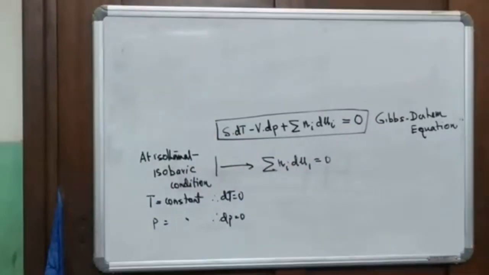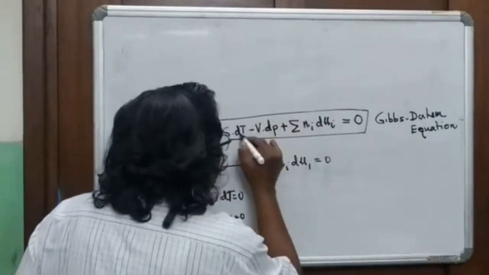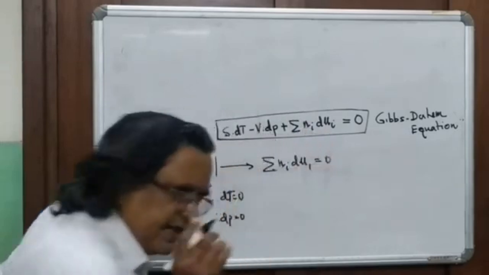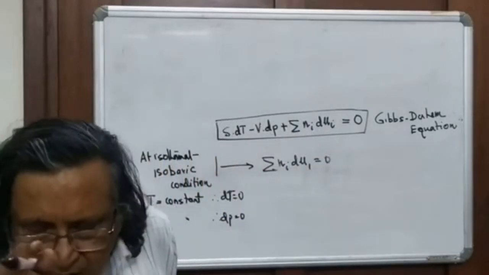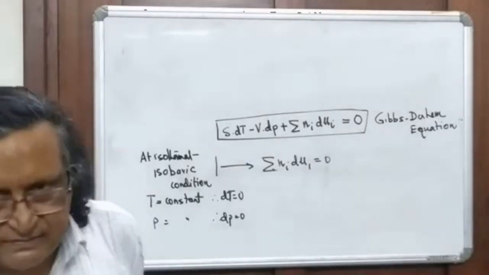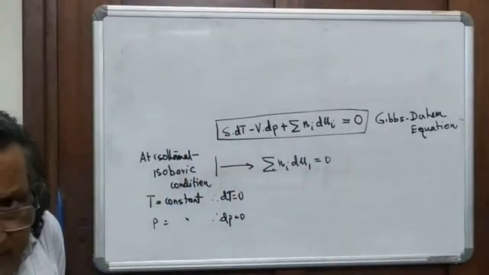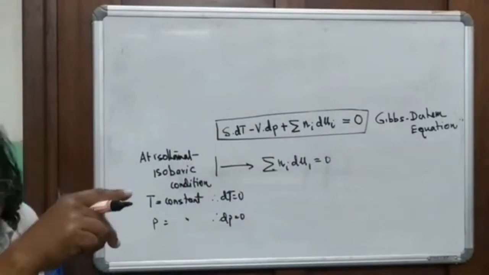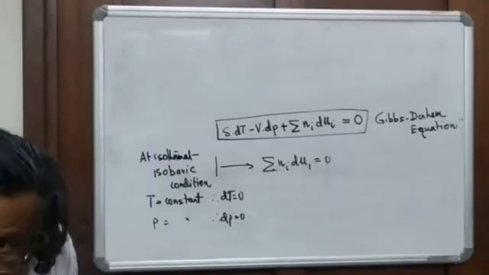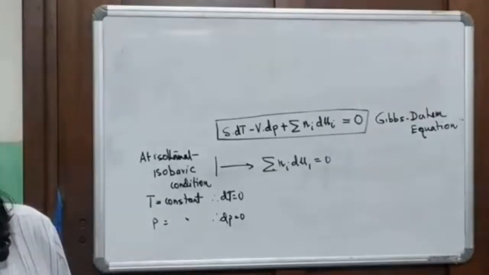What are the variables? dP, dT, Ni. What is Ni? The number of moles of a component in a phase. What is mu I? It is the chemical potential. Remember, G by N is also a free energy term, the free energy of the different components.